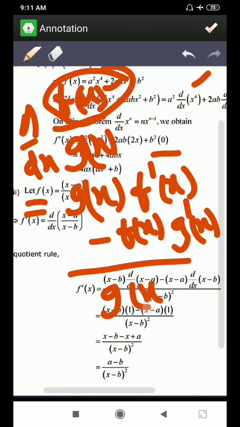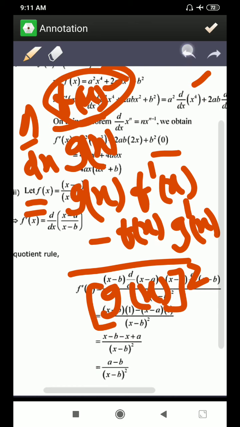This is the formula to differentiate a quotient, f(x) divided by g(x) form, meaning numerator divided by denominator, both are functions of x. Then we use this as the formula. The denominator as it is, differentiation of the numerator, minus sign is there. Numerator as it is, differentiation of the denominator, divided by the denominator whole square.